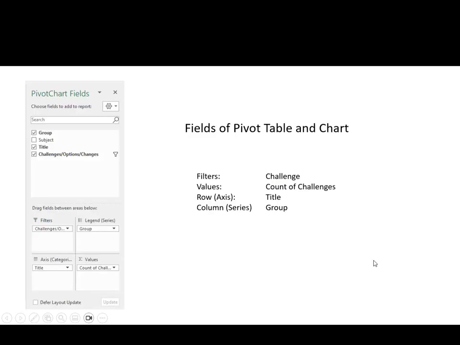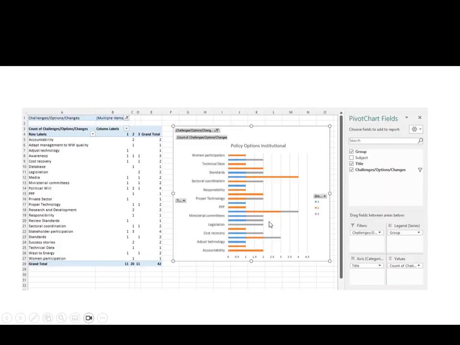To explain this more, these are the 4 windows, and I have chosen to put challenges in filters, and to put values to count the challenges, and to put the title or the keyword in the row, and to put the group in the column. By doing that, I get this output here, and I can convert the table into a graph.